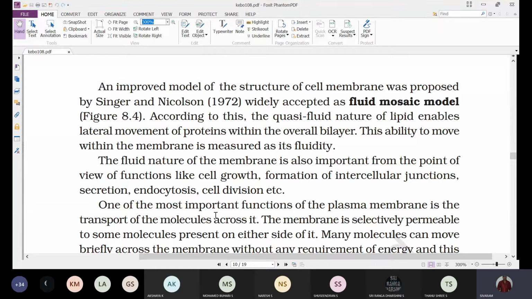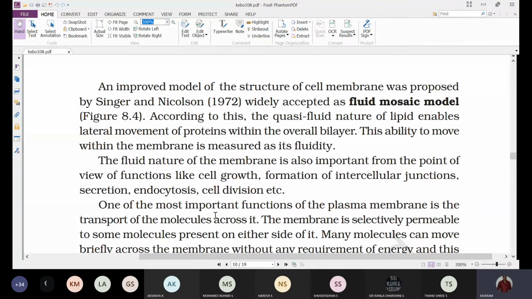That means the protein molecule will move only within that bilayer. It will not come out of the cell membrane completely. Within that lipid bilayer only, this protein molecule is able to move and transport the molecules. This ability to move within the membrane is measured as its fluidity.